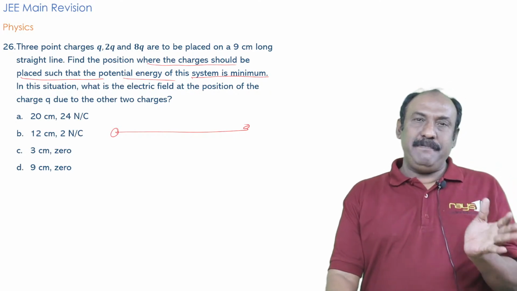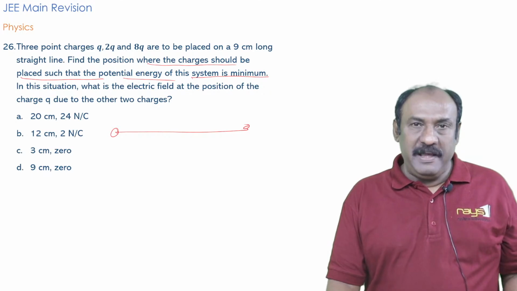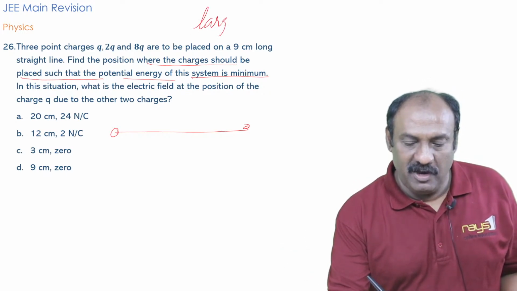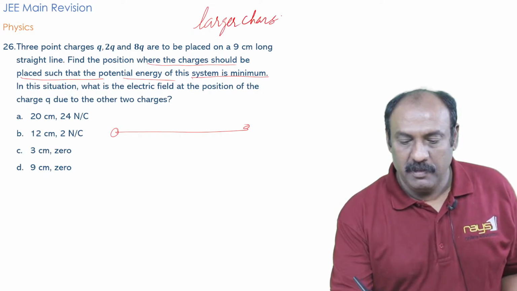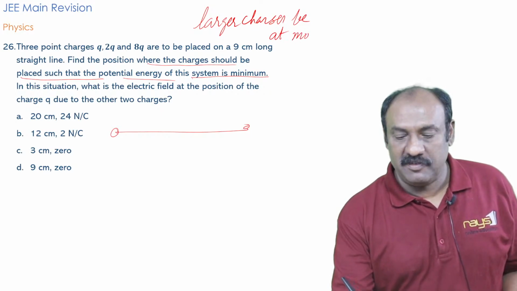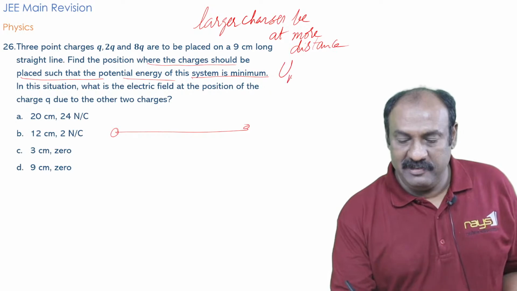For having minimum potential energy, larger charges should be separated by more distance. Then only is the potential energy minimum.